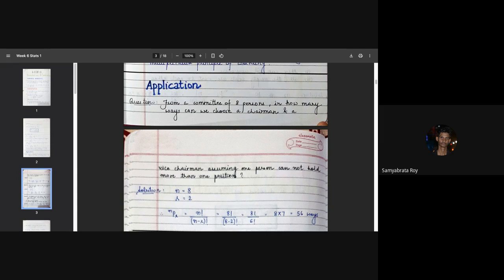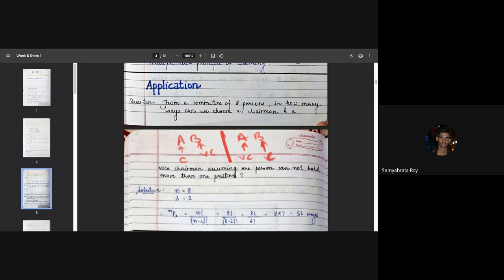And here ordering matters, right? Because suppose person A and person B are being chosen. Now person A is allotted as chairperson and person B as vice chairperson. Now the same thing has been done, A and B have been chosen, but A has been allotted the vice chairperson post and B the chairperson post.